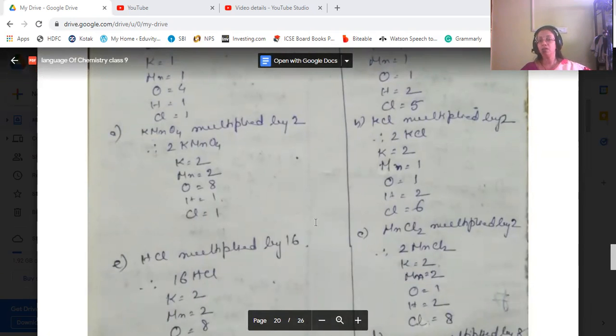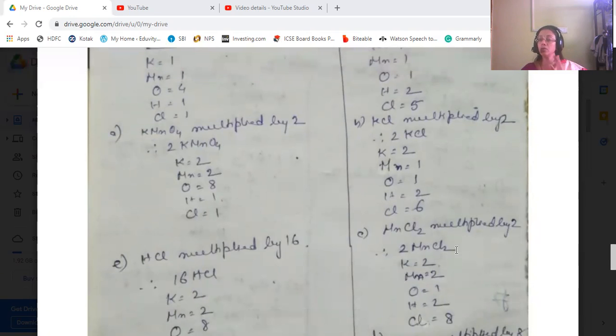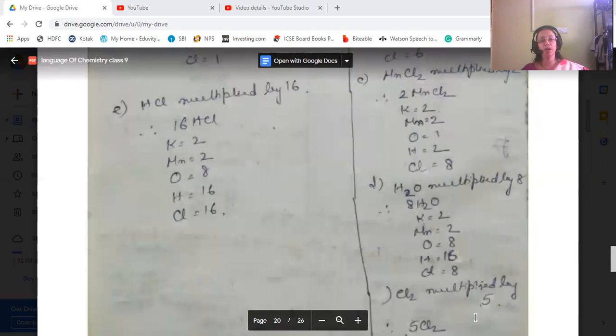Okay. See here, Mn is 2 on the reactant side. So we need to make manganese also 2. So for that reason, MnCl2 is multiplied by 2. So here K is equal to 2, Mn is equal to 2, H is equal to 2, Cl is equal to 8 on the product side.